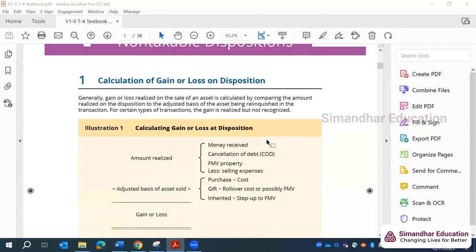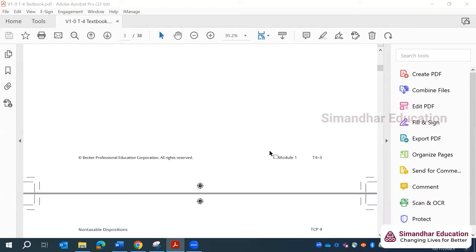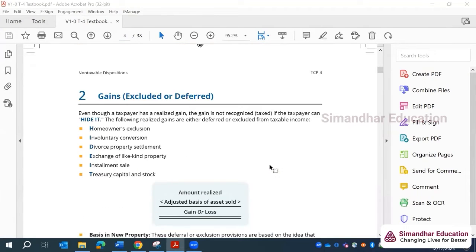So if I am inheriting something after my parents pass away, I will consider the fair market value of the property. So that is going to be my basis. I know the basis. I know what amount I have realized. Now I will be in a position to recognize my gain or loss, right? So that's a very basic formula.